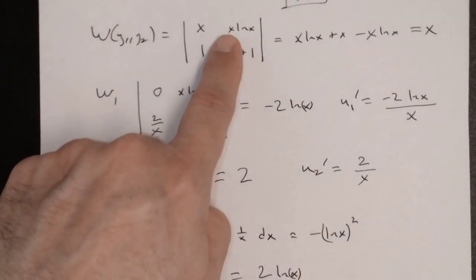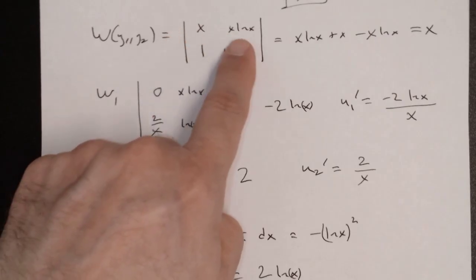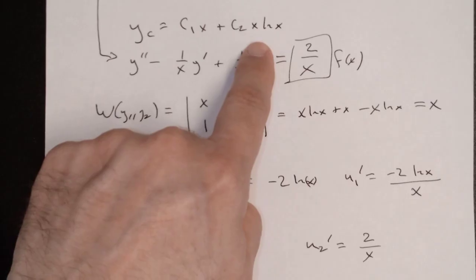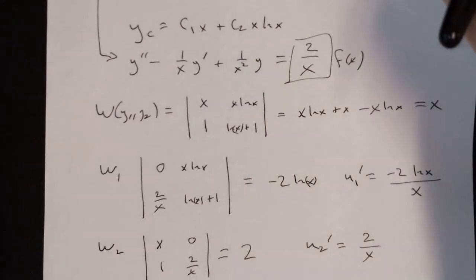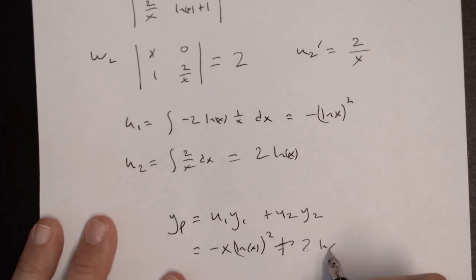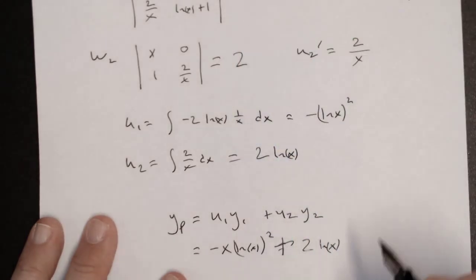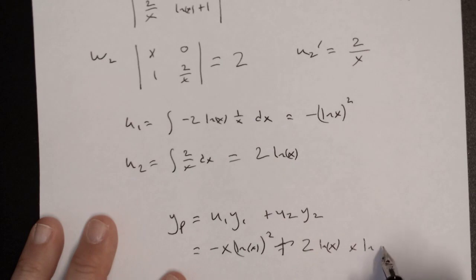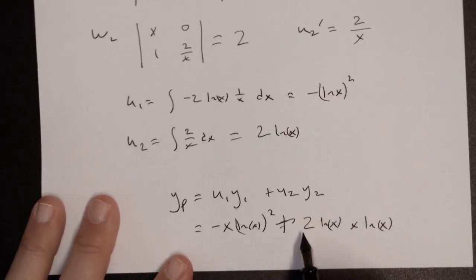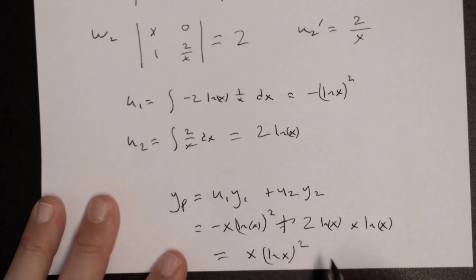Y2 is part of my solution. Y1, Y2. That's back from here. U2 is 2 log x times Y2, which is x ln x. Hey, wait a minute. This is going to be x ln x squared, isn't it? So I've got 2 of them, and then I subtract 1. I get x ln of x squared.